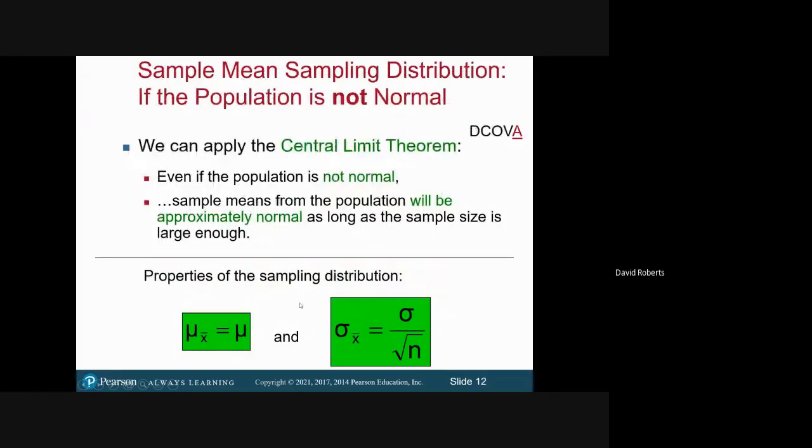So applying the central limit theorem, you can see as long as the sample is approximately normal, because very rarely will you get a perfectly symmetrical sample, all right, or even a perfectly symmetrical population. But as long as it's pretty close, it actually doesn't affect things that much.